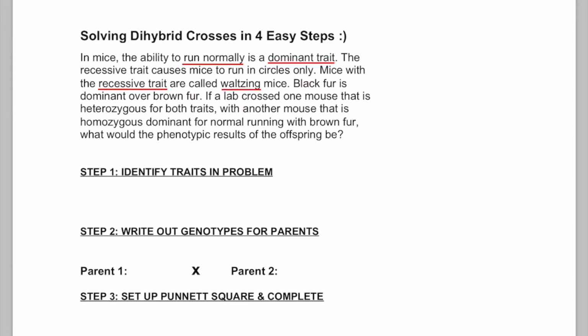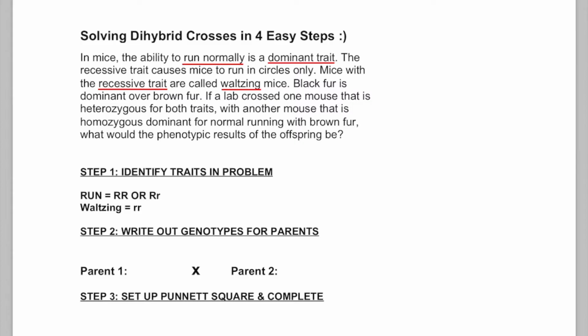I am going to underline this information as well and write down the phenotypes and list the genotypes for this trait. I'm going to use the word run to represent the phenotype for the normal running mouse. And because this is the dominant trait, capital R is one genotype possibility for the normal running mice, or capital R, lowercase r is the other genotype possibility for a normal running mouse.